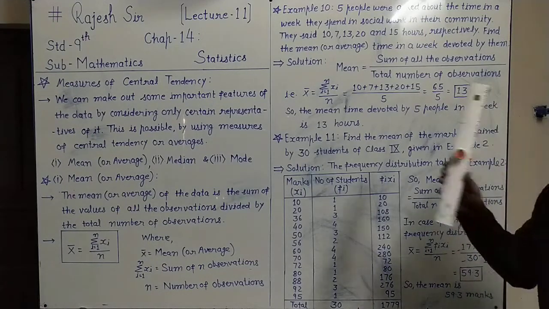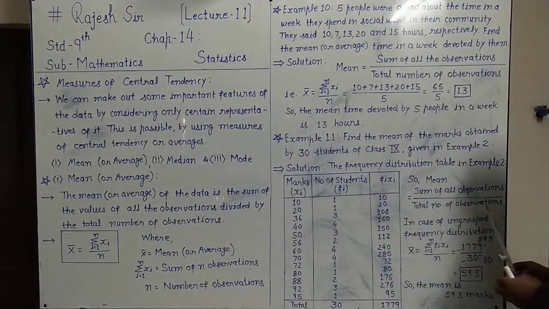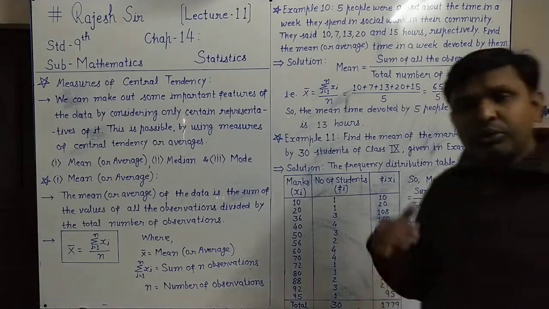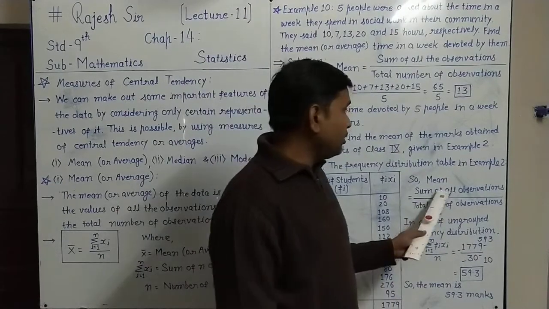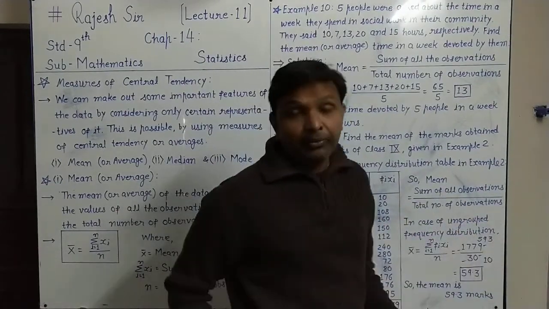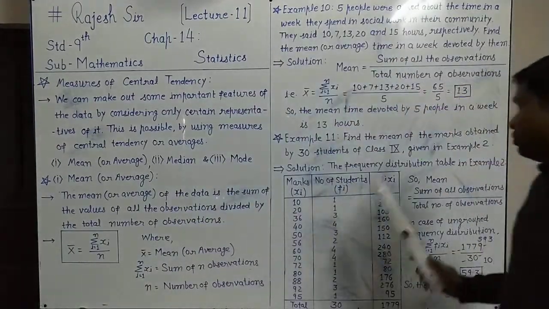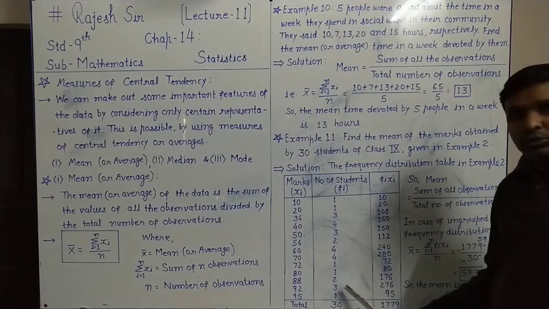The sum of 30 students, and then divide by the total number of observations, 30. You can understand that the work will be so tedious and so long, because all 30 students' marks we have to write and sum. So instead we categorize these 30 students in a frequency distribution.